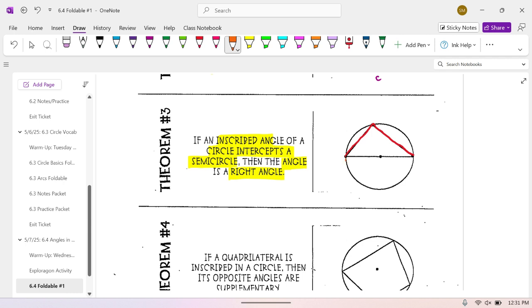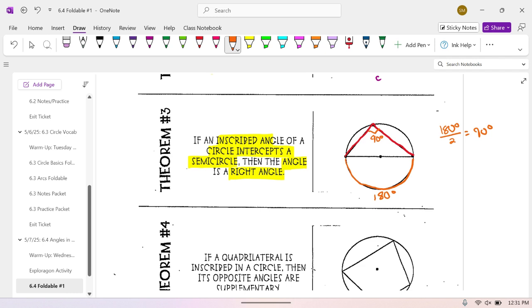So this is the semicircle. Why is it true that it's going to be a right angle? Right, because the arc measure of a semicircle is 180 degrees. And what's 180 divided by 2? 90. So that's why this is 90 degrees.